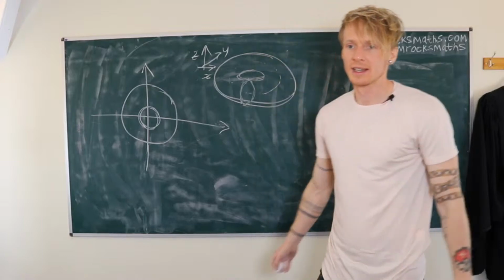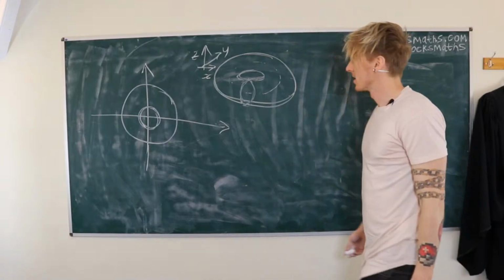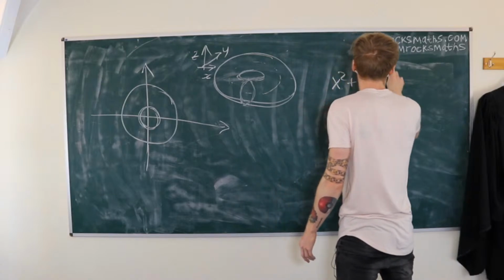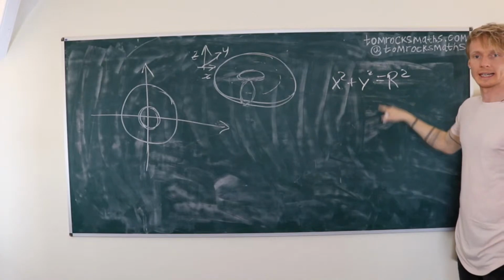Awesome, thank you, Pascal. X squared plus y squared equals the radius squared. So the equation of a circle is x squared plus y squared is the radius squared. That's how we describe a circle in the xy plane.